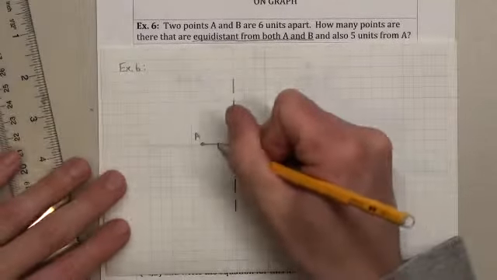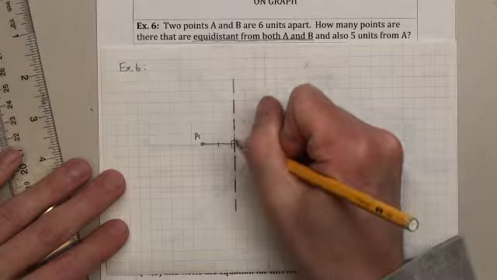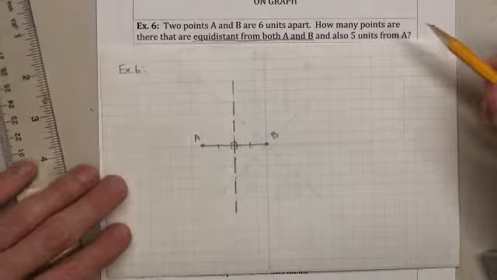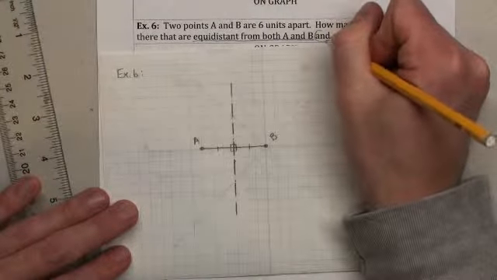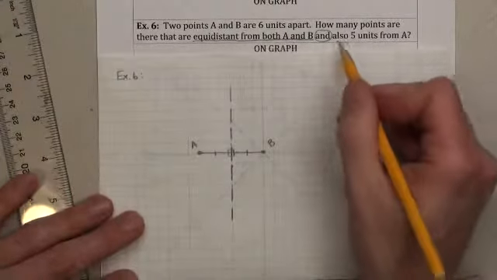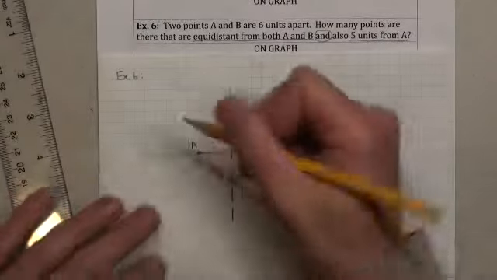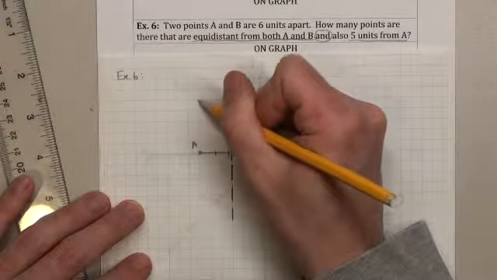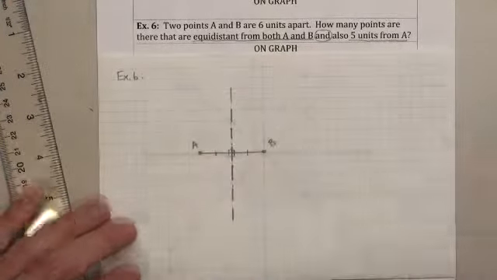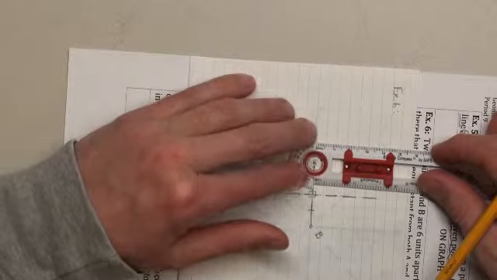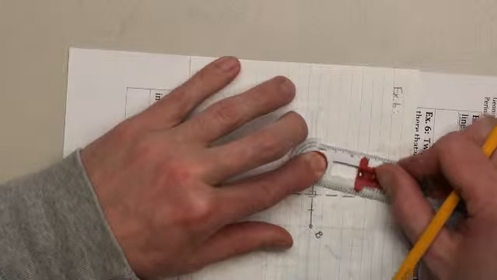And we know that this is equal to this, and this is a perpendicular bisector. And so we know there's another locus we have to draw, and it's 5 units from A. So we got to go 1, 2, 3, 4, 5. It's going to be a circle 5 units from A. All I need is that 1 point. I'm going to line my compass up on it.